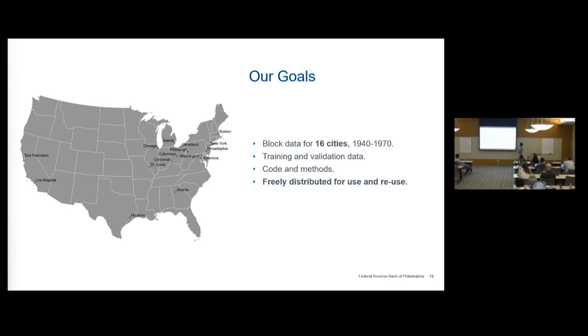And we also want to publicly release the code and methods that we're developing for this project so that future researchers can not only use the data that we're generating in perhaps ways that we're not anticipating, but also apply these methods to any of the other cities that are in the block statistics, and you can source those images from libraries or whatever.